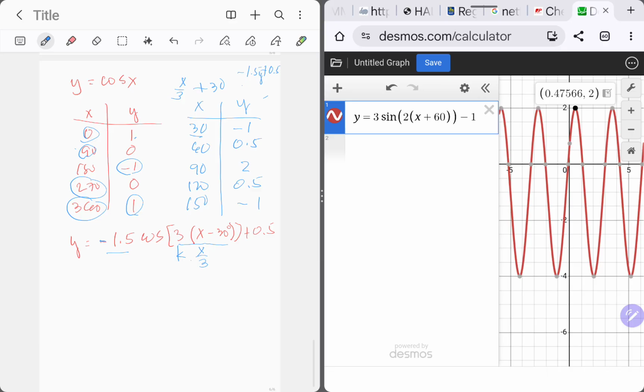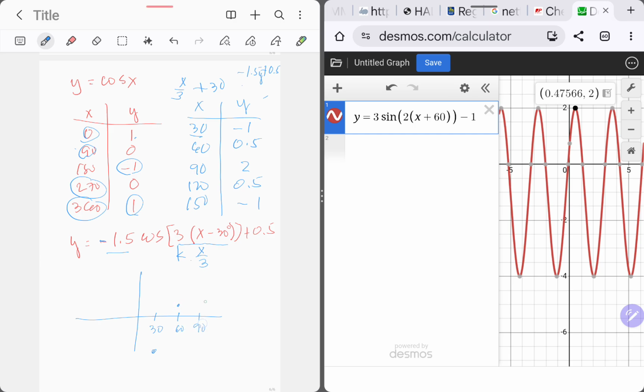now sketch the graph. All we need to do is plot the values here, right? So we have x is equal to 30. It's negative 1. Let's say this is negative 1. If it is 60, it is 0.5. So let's say 0.5 here.